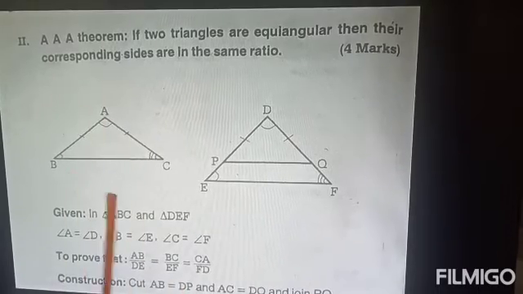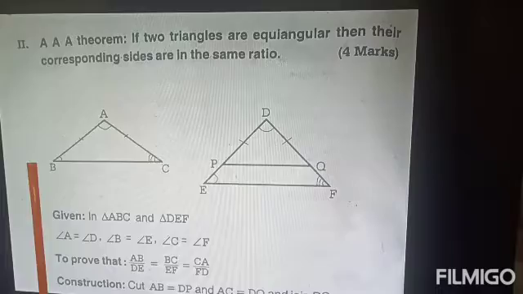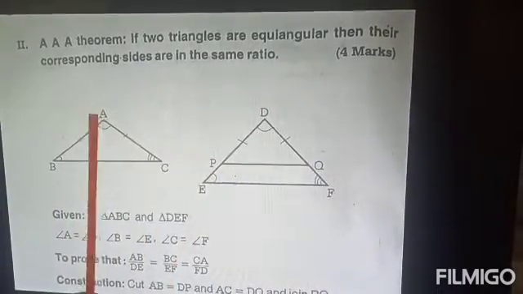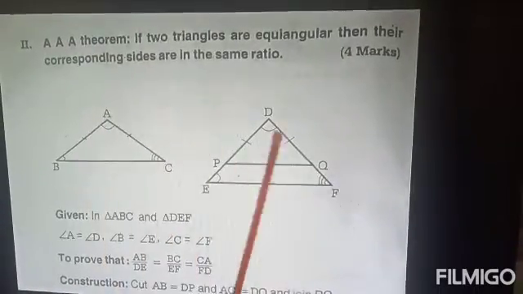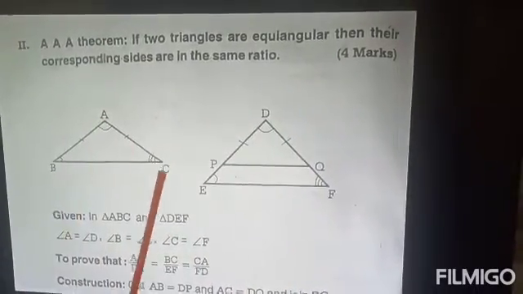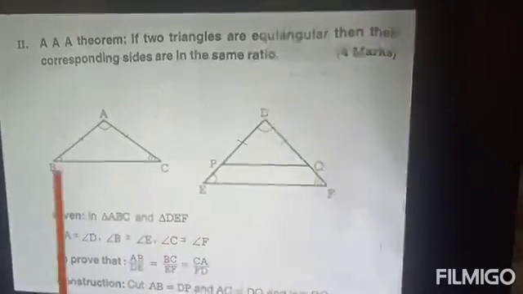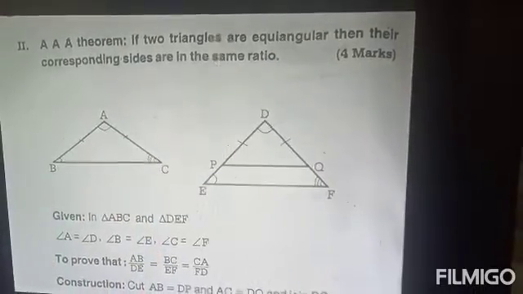Their corresponding sides means DE is corresponding to AB, DF is corresponding to AC, EF is corresponding to BC. Those corresponding sides are in proportion.